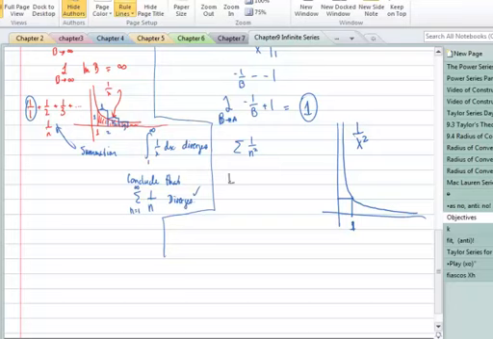These blocks that I would be adding up is like 1 over 1, plus the next term will be 1 over 4, plus the next block will be 1 over 9. So the first block is underneath and it's 1, but the next block, because of the way the function changes, is only at the value 2, its height is only 1/4, and the height of the next one is only 1/9.